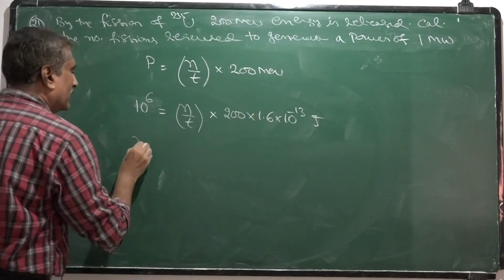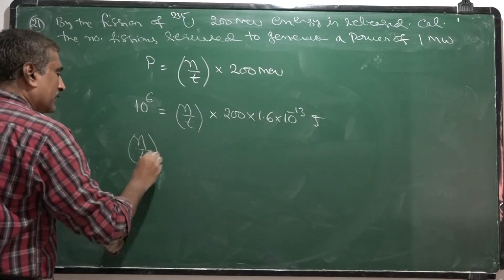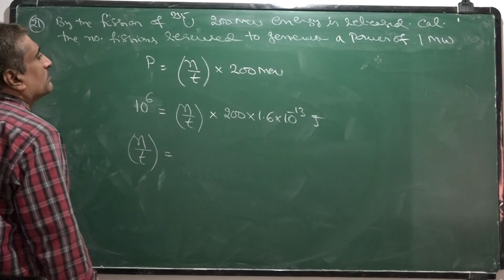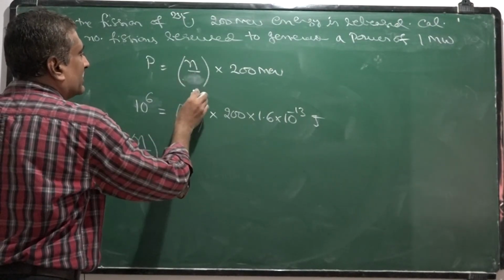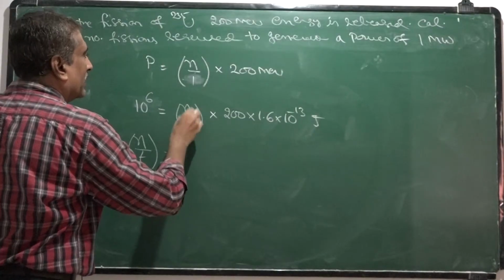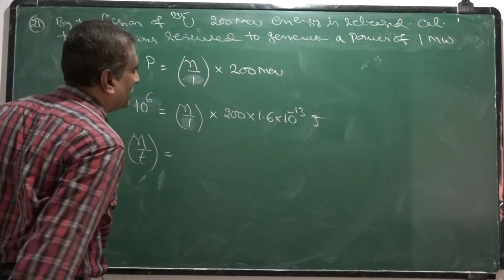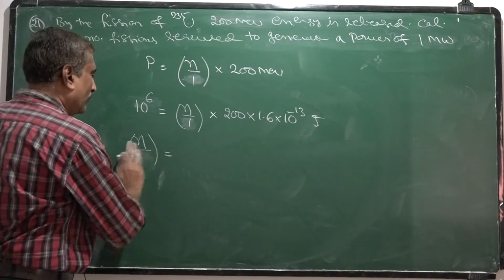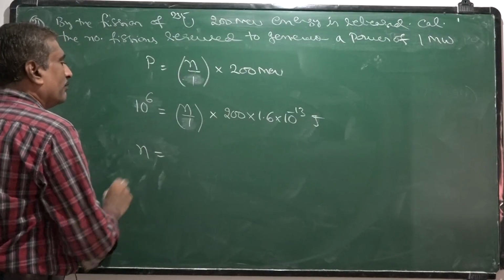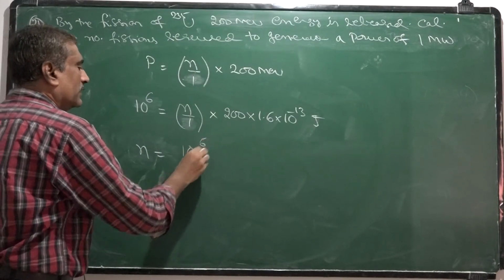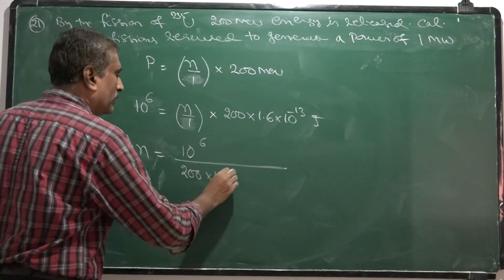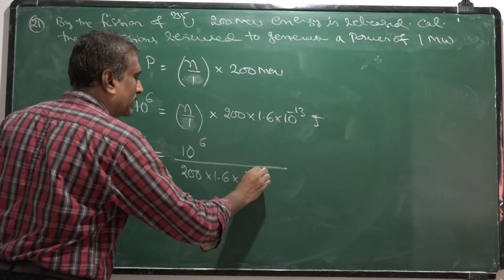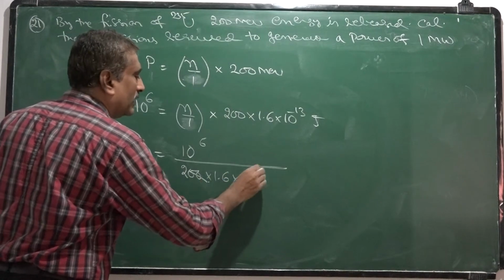Now writing this, T is 1 second, already given. So N is equal to 10 power 6 divided by 200 into 1.6 into 10 power minus 13. Actually this is minus 11.